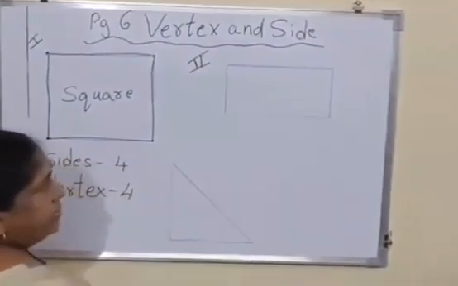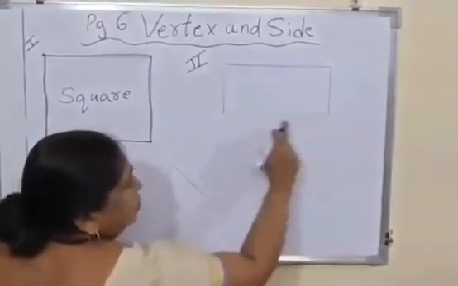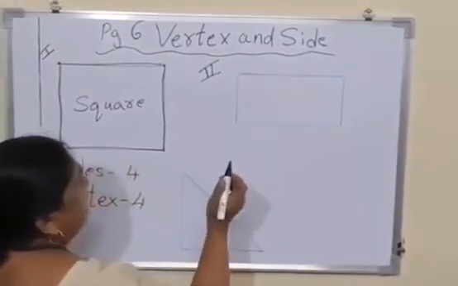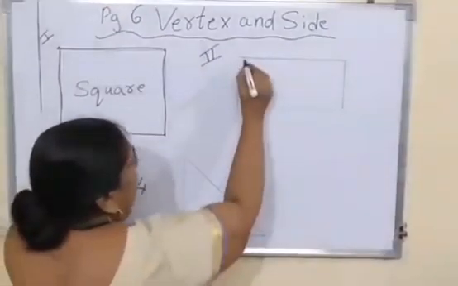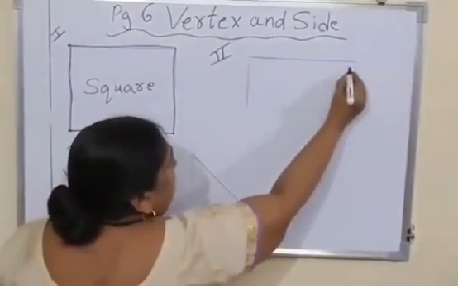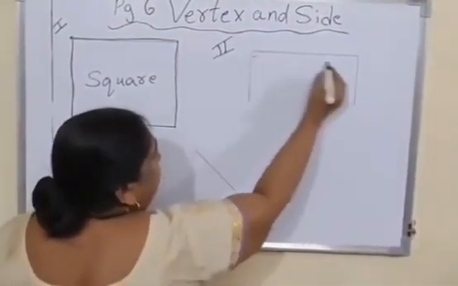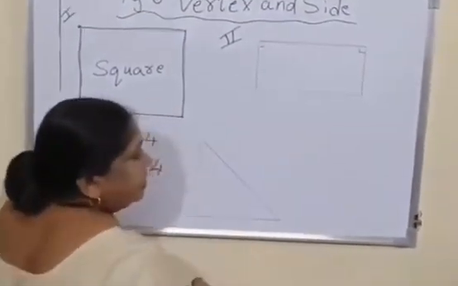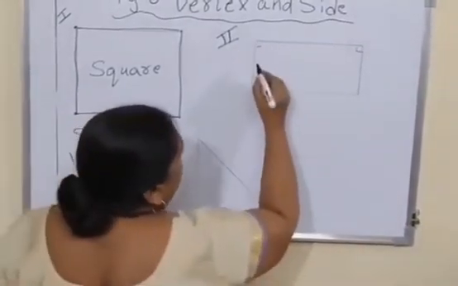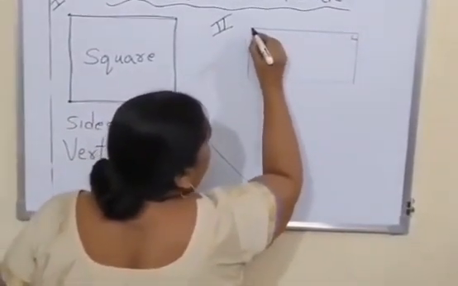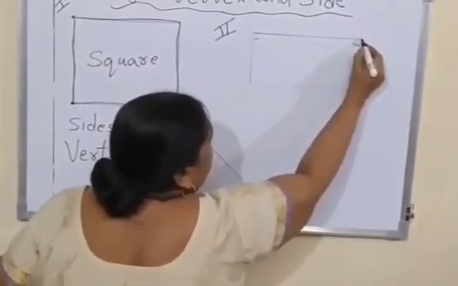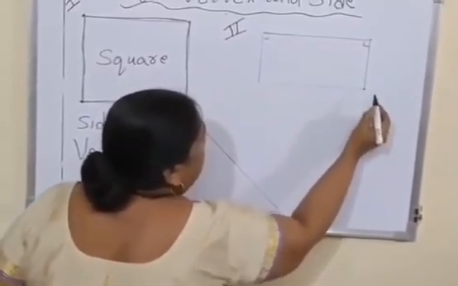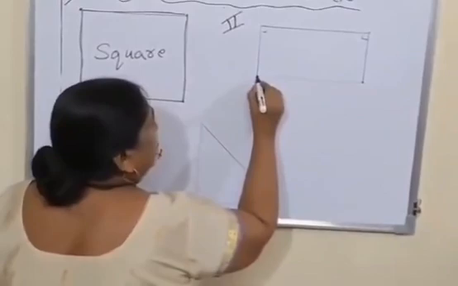Here also in the rectangle, you can see there are 4 sides. As I have explained, the angles of the rectangle are right angles. Which angle do they have? Right angle. Now let us go around and count the sides. This is the first side, then the second from here to here, then the third from here to here, and this is the 4th.